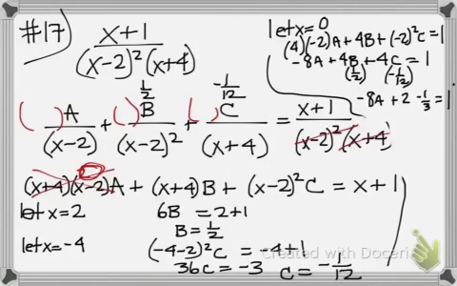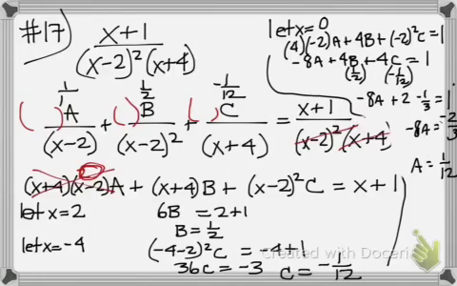I like to add the fraction first, so 1 plus 1/3 is going to give me 1 1/3, and then we need to subtract 2. If I have 1 1/3 and I subtract 2 from that, it's going to be negative 2/3. So negative 8A equals negative 2/3. Divide both sides by negative 8. So A is going to equal positive 1/12, because negative 2/3 times negative 1/8 gives me positive 1/12.